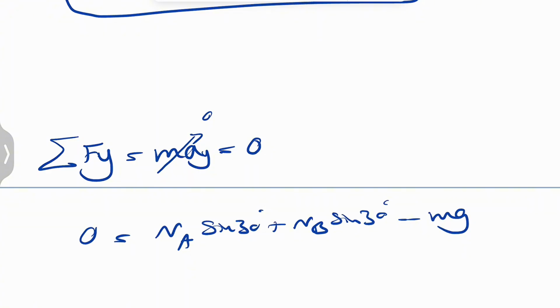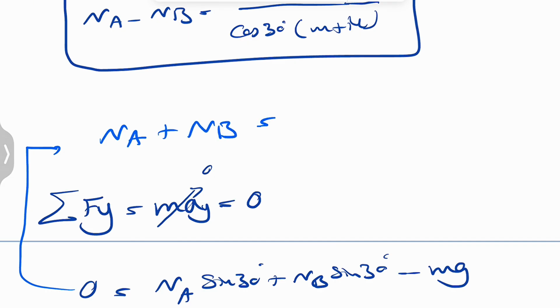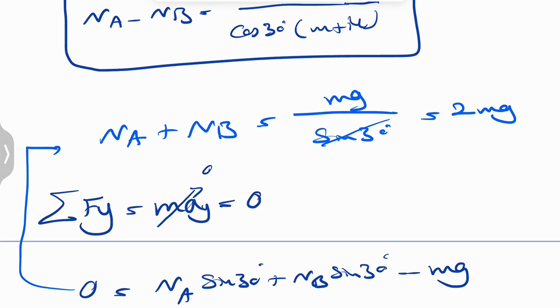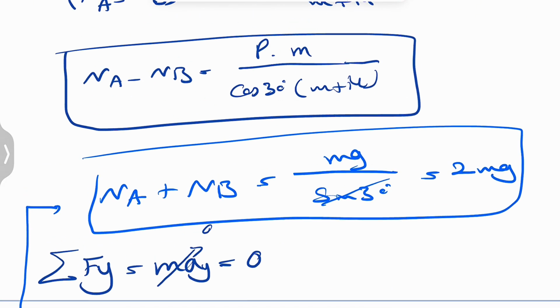Here I'm going to factor sine of 30, so it's going to be NA plus NB equal to mg over sine of 30 degrees, which we know is 1/2, so it's going to be equal to 2mg. So now that we have these two equations, we have to figure out NA and NB.